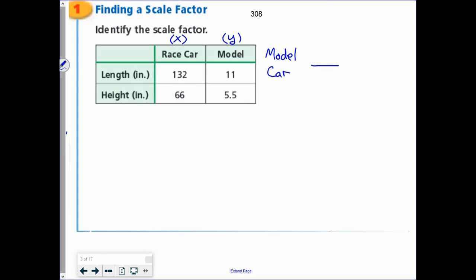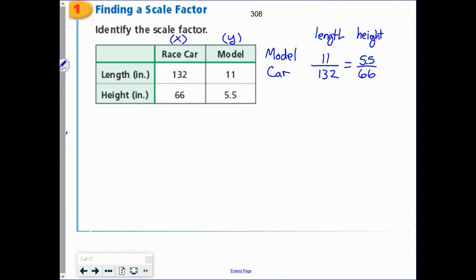We're going to put length in our first ratio. The length of the car in the model says 11, and the actual length is 132. Then we're going to look at the height. The height of the model says 5.5, and the height of the original, or the actual, is 66.